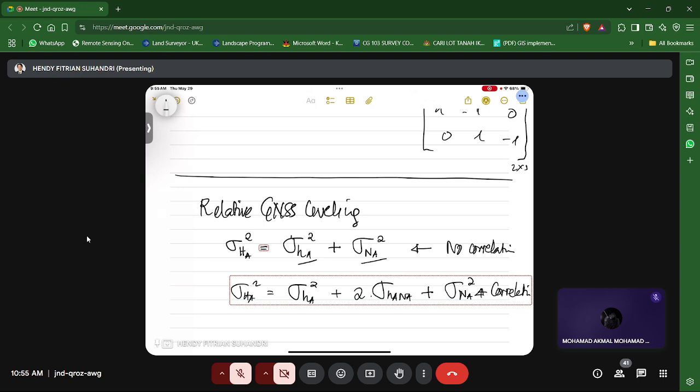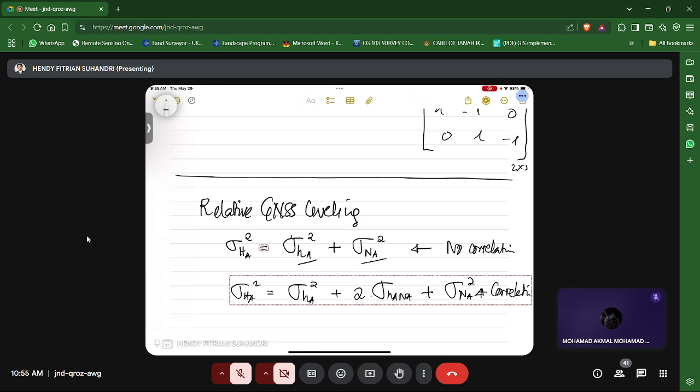So, what can I say about another example? If you refer to your slide, you will see error in horizontal angle due to pointing errors.